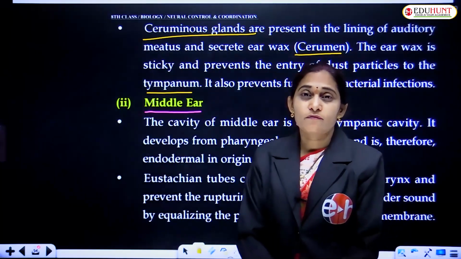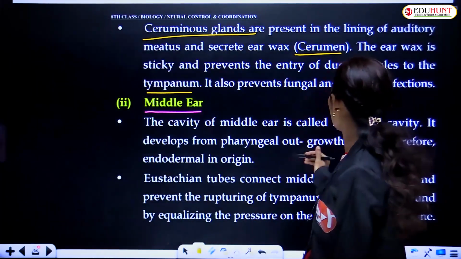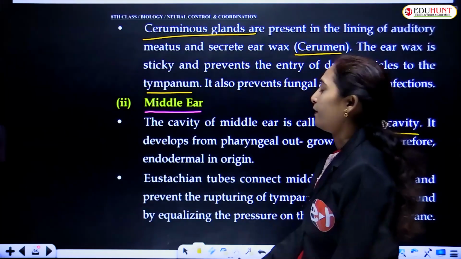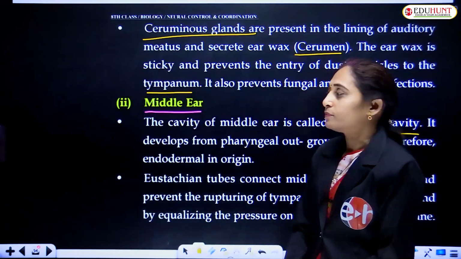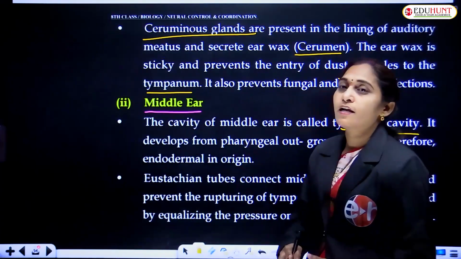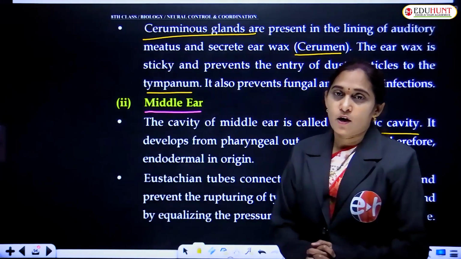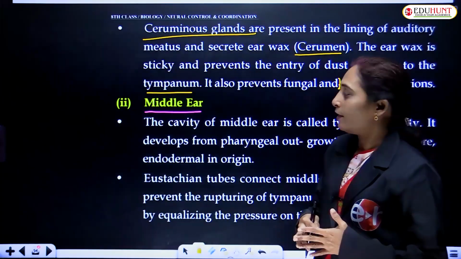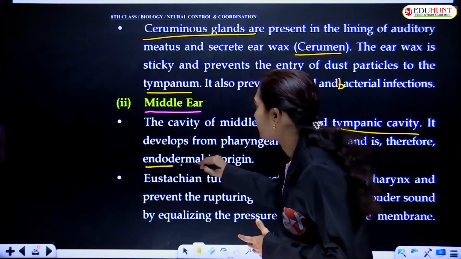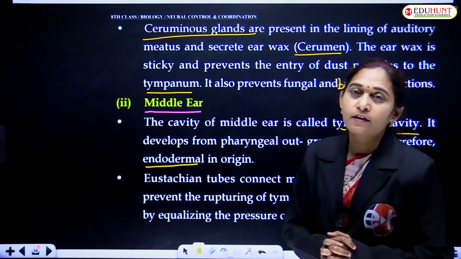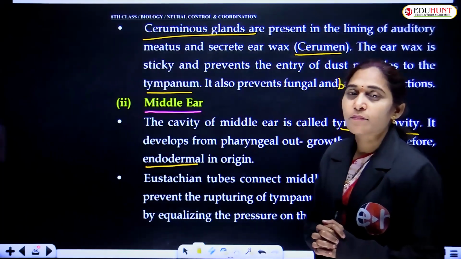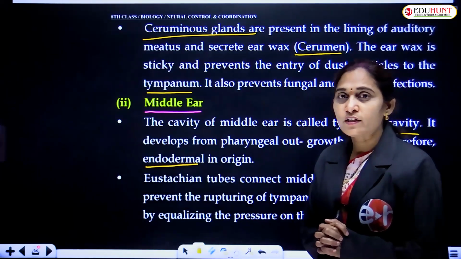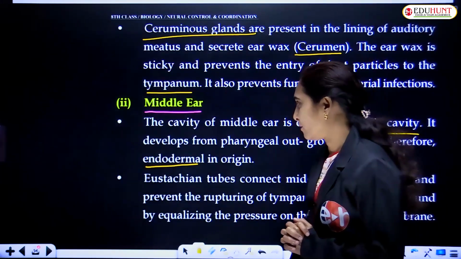The cavity of the middle ear is called the tympanic cavity and it develops from the pharyngeal outgrowth. So the origin is endodermal. The middle ear originates from the endoderm of the embryonic layer.